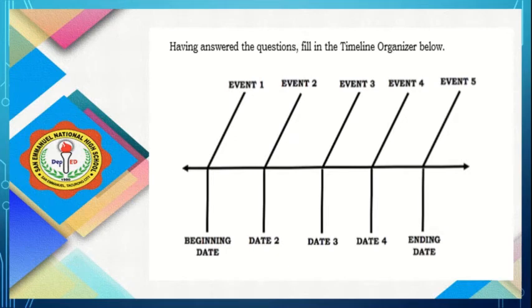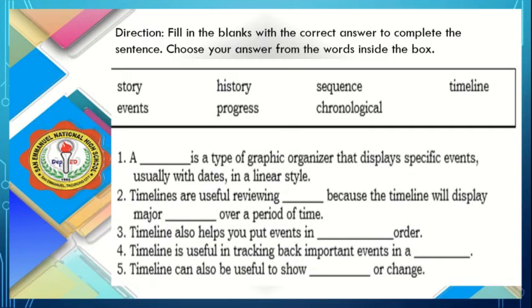Having answered the questions, it's time for you to fill in the timeline organizer below. Look at this organizer. You're going to write event number 1 to event number 5. Now, based on our lesson, you're going to fill in the blanks with the correct answer to complete the sentence.